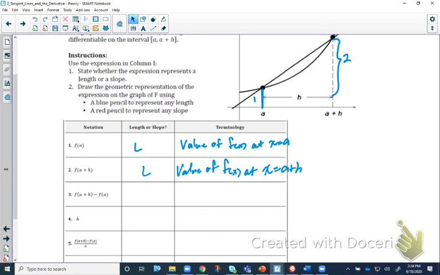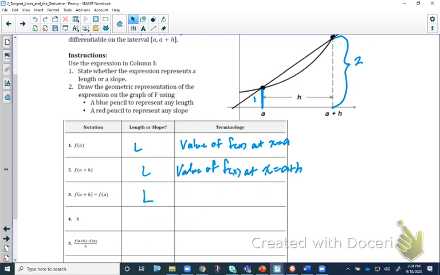So the third one, because we've already established that f of a plus h and f of a are both lengths, we can reasonably conclude that this is also going to be a length of some kind. And it's just the difference of those lengths. I kind of messed up here. Let me clean this up. This from here to the x-axis, that's 2.